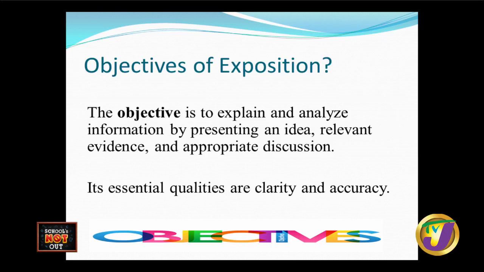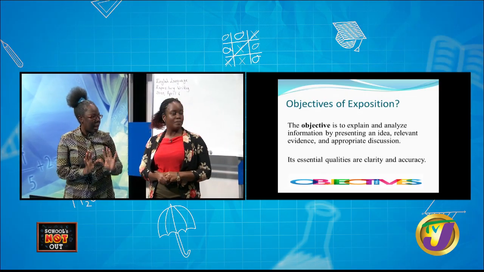Again, the objective of the exposition is to explain and analyze information, that is by presenting an idea, giving relevant evidence and appropriate discussion. Therefore, if you are writing, you must not just present your point and leave it at that. You must develop the argument so that if you have a problem, you explain how it started, when it started, logically.